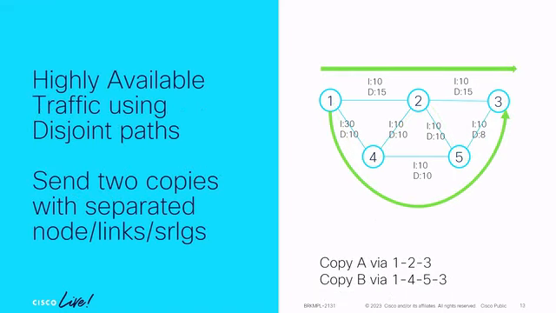The other use case that is common is when you have a customer or a service that needs highly available traffic. They cannot take too much outage, and you end up sending 2 copies of traffic. To make real sense, this traffic has to avoid sharing any link or node, because otherwise there's no point in sending 2 copies if a link outage or a node outage or anything in the network causes both copies to be affected, right?